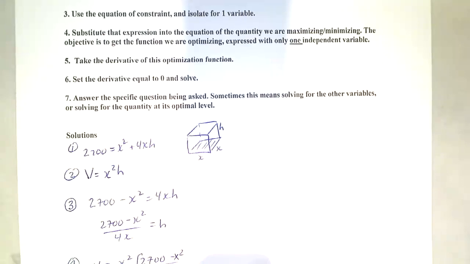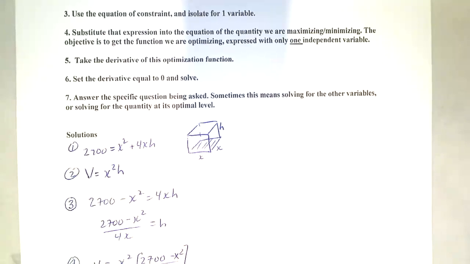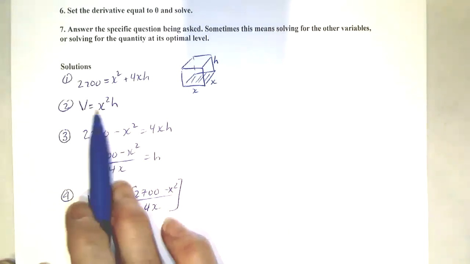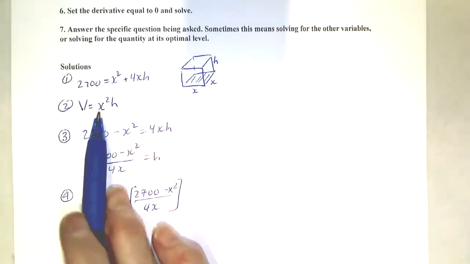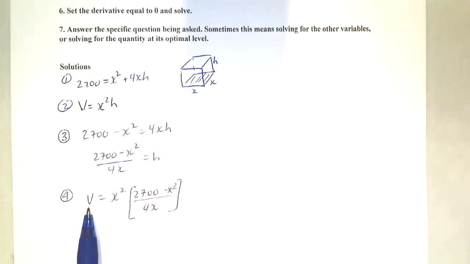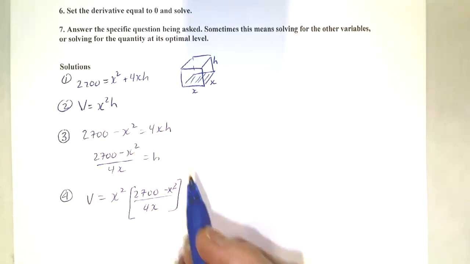The real overriding strategy is to create the equation of whatever it is you're maximizing or minimizing in a single independent variable. And so these 3 steps are designed to take you towards that, right? We need the equation of what we're trying to maximize in one independent variable, and then we simplify.